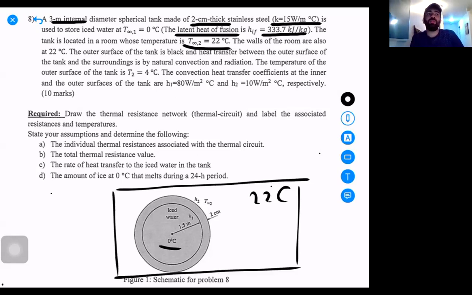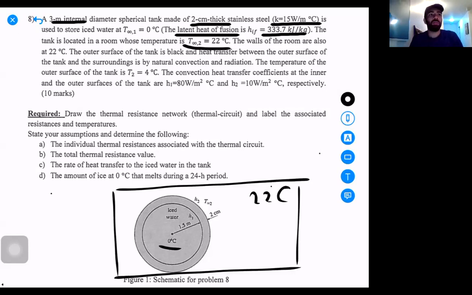When the question mentions the walls of the room, it is basically referring to radiation, because when you are solving a radiation question, it is really important to specify the objects that are exchanging radiation together.